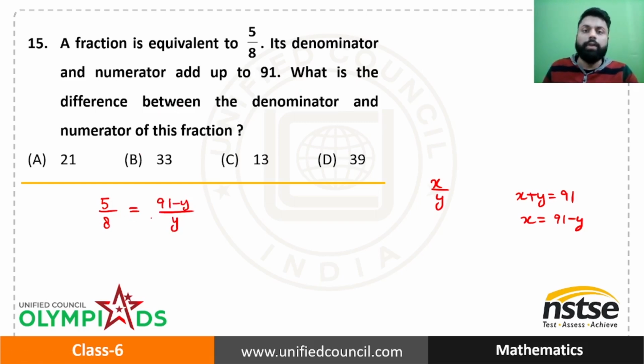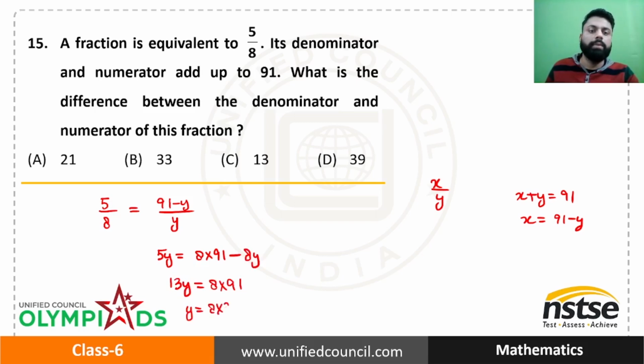First of all, let's find out the value of y. When you cross multiply it, 5y is equal to 8 multiplied by 91 minus 8y. So this is 8 plus 5, 13. y is equal to 8 multiplied by 91, or y is equal to 8 multiplied by 91 upon 13, 7 times. So this is equal to 56.